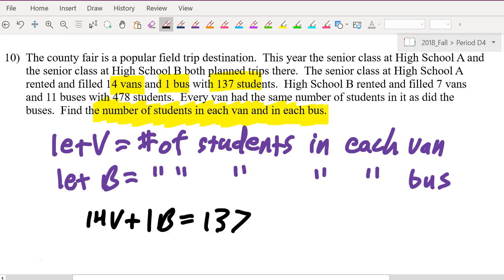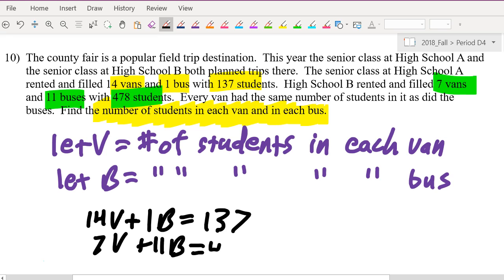Good. Somebody else. Who hasn't gone yet? Alina. What's the other one? Correct. So 7V plus 11B equals 478.